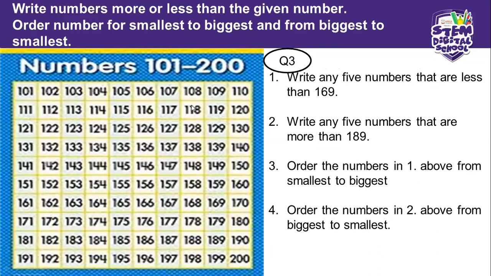So we are making use of this grid here, this number block from 101 up to 200. So you write any 5 numbers of your choice that are less than 169. These numbers do not necessarily have to follow each other. You just write any numbers between 101 and 169 there. So write it on your classwork book, grade 3s.